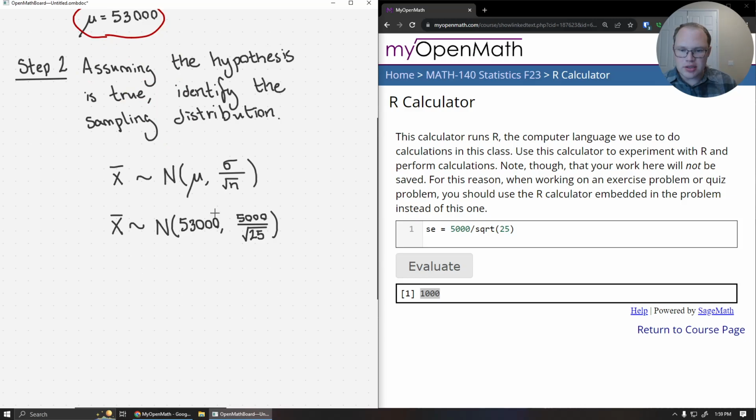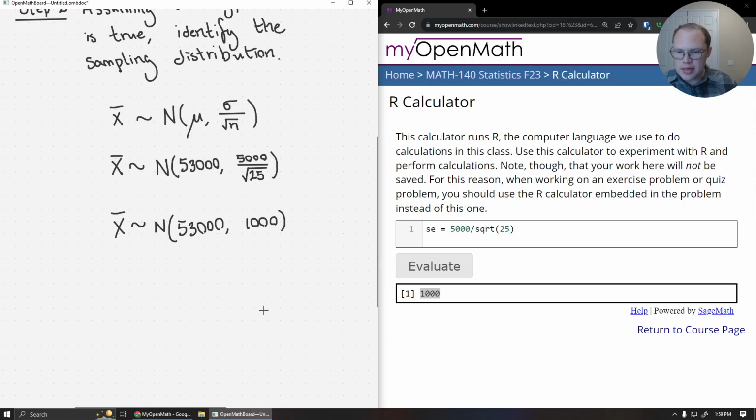So if we were to simplify this just a little more, then our sampling distribution of sample means has a mean of 53,000 and a standard error of 1,000. Okay, step 2 done. Step 3, find the probability.